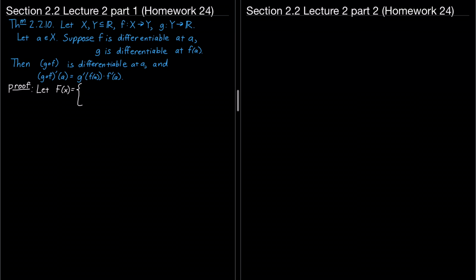It is going to be this difference quotient, f of x minus f of a over x minus a, if x is in the domain of X, except, don't divide by 0. And we're going to say that capital F of x, actually we're going to subtract f prime of a here, and then we're going to put a 0 down here if x is equal to a.